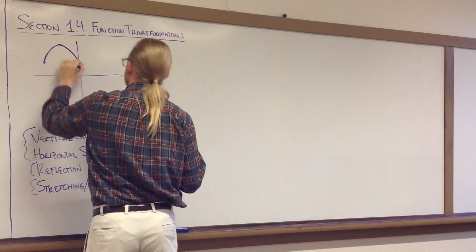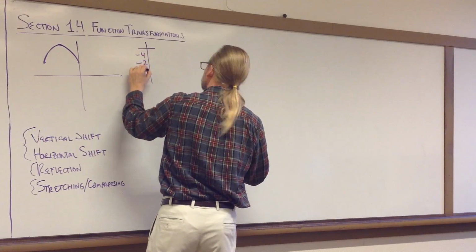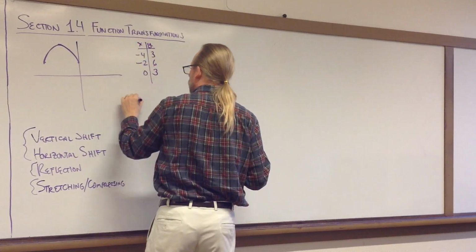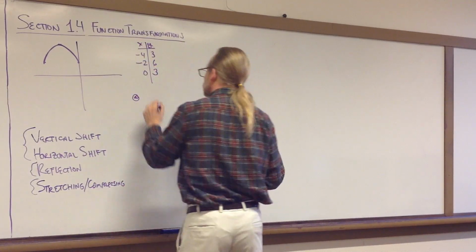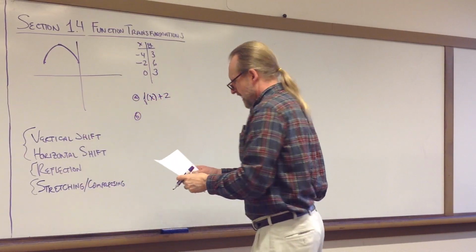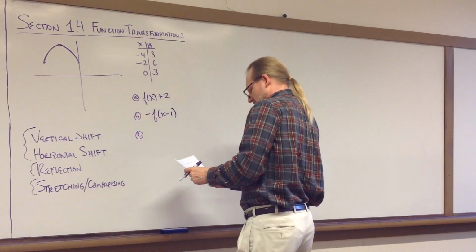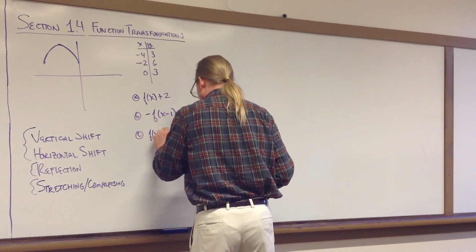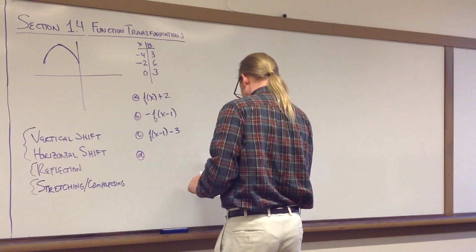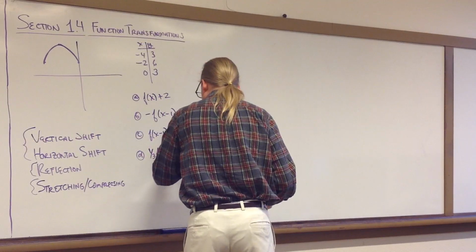Like a little semicircle there. And I'll put those in the table here. Negative 4, negative 2, and 0. 3, 6, 3. And what are we interested in here? F of x plus 2, B, negative f of x minus 1, C, f of x minus 1 minus 3, and D, 1/3 of f of x plus 4.